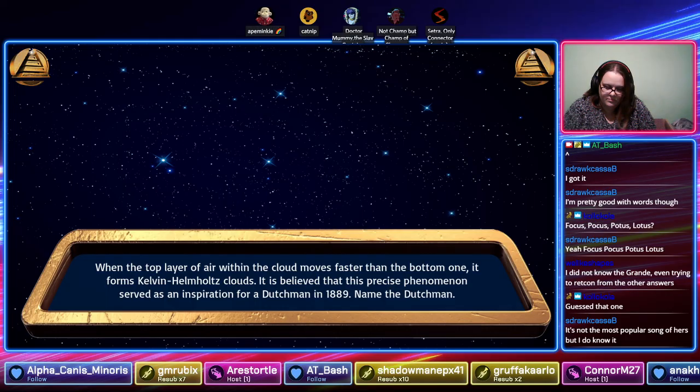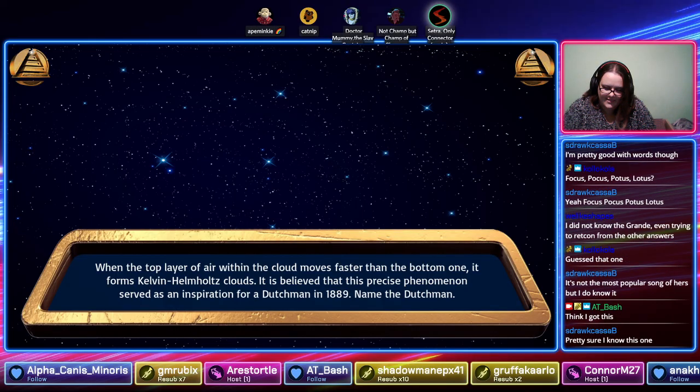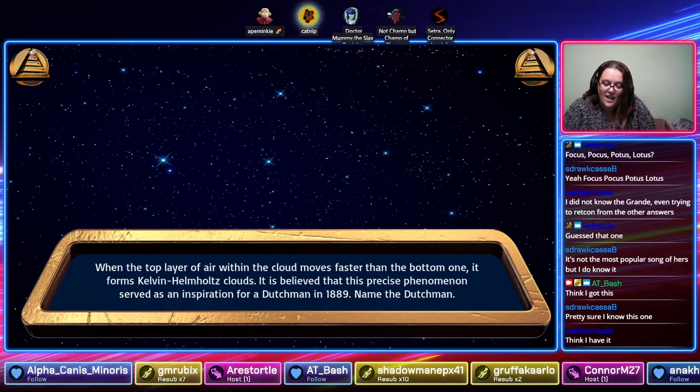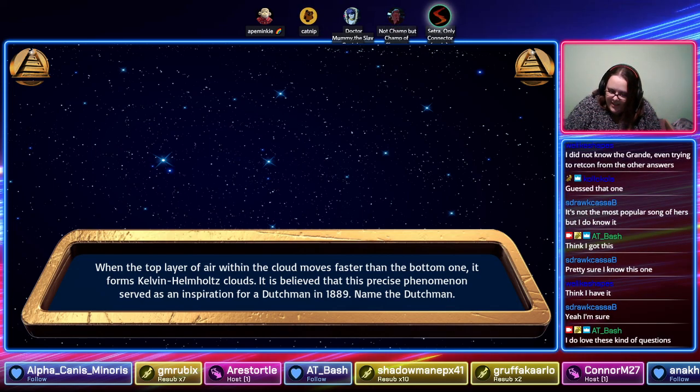Five seconds. Cetra's in. Cetra? A bit of a guess, but let's go with Flying Dutchman. Ah, that's an interesting choice. Ooh. It's not correct. Dang. So now Grunkle, I like it a lot though.